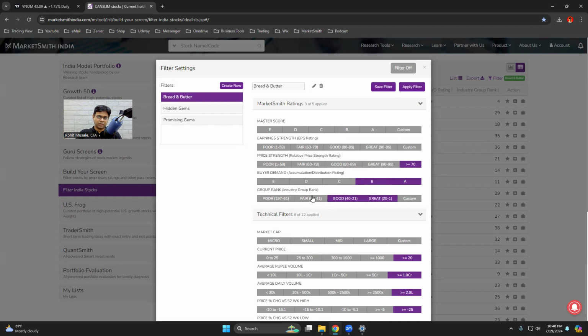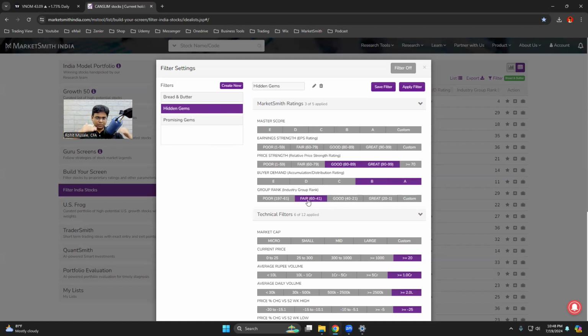Which means if I'm looking for industries with a rank of 41 to 60, then within those industries, I only want those stocks which are doing better than 80% of the entire stock market in terms of their annual performance. That is the summary statement. That is called hidden gems. So instead of these two, I'm selecting the fair rank from 41 to 60.